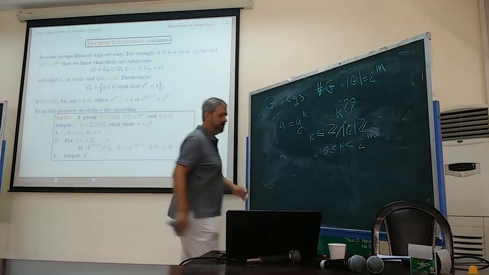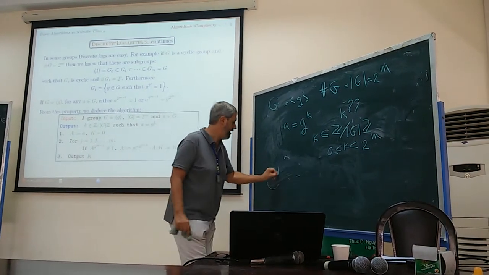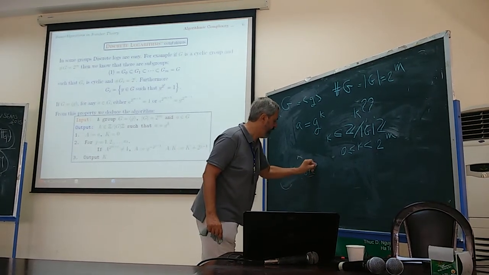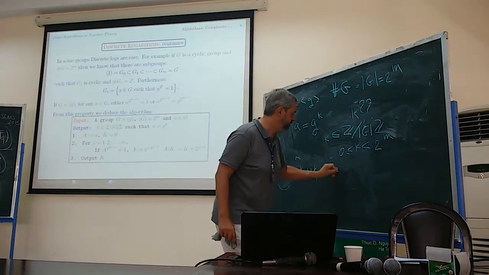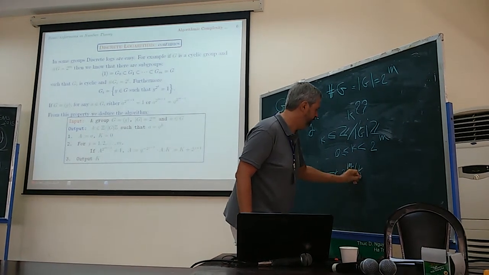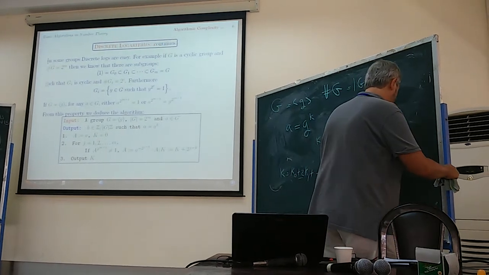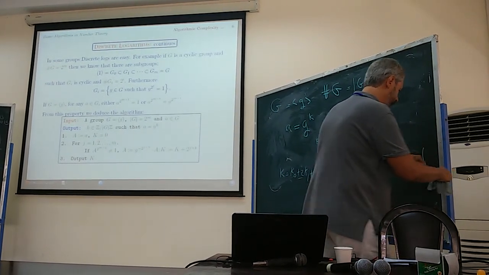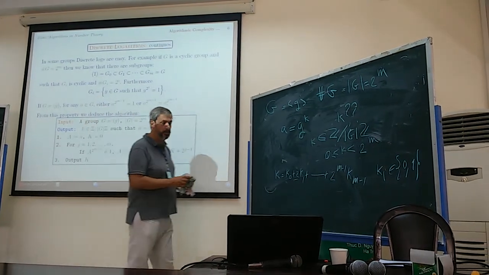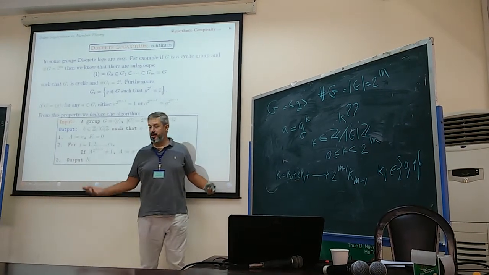So this k will have a binary expansion. So k can be written as k0 plus 2 k1 plus dot dot dot plus 2 to the n minus 1 times k n minus 1, where these ki's are zeros or ones. So this discrete log, which I want to compute, will have a binary expansion, like every number.